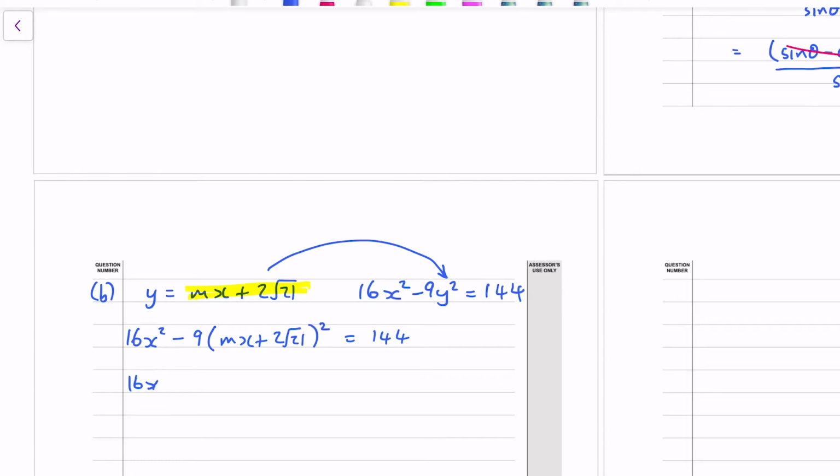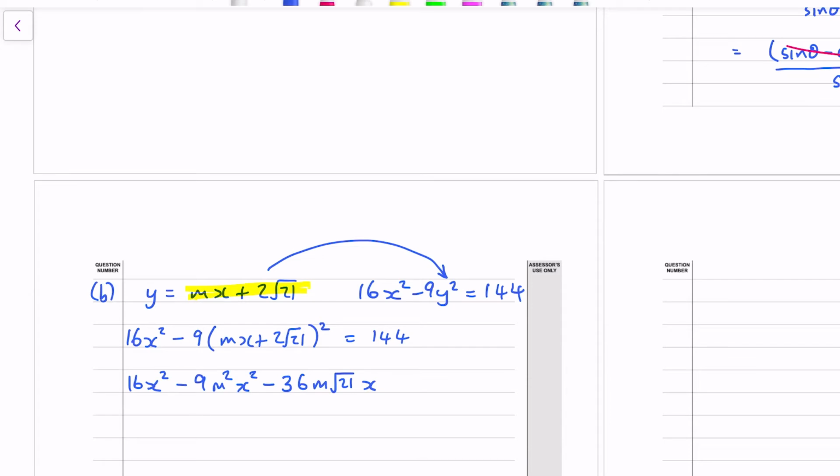Expand out the brackets. mx times mx is m squared x squared. We've got two lots of the middle terms, mx times 2 root 21, 2m root 21, times 2 is 4, times minus 9 is minus 36. Minus 36 m root 21 times x.